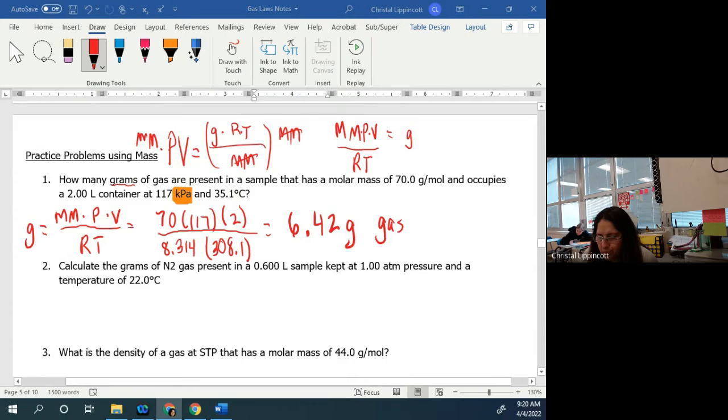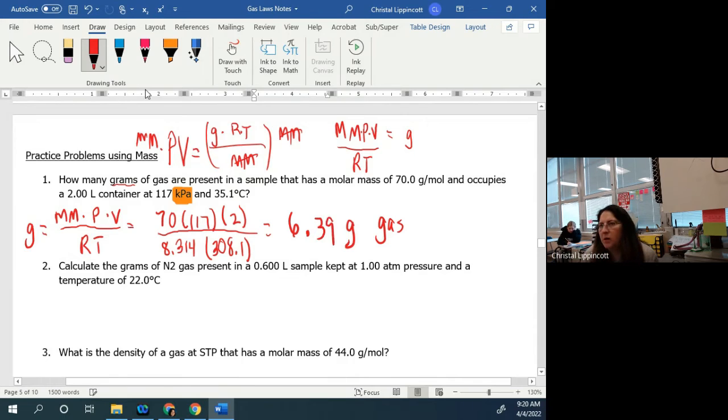Times 2, 0.014. Oh, yep, there's my problem right there. I had pressed a 7 instead of an 8. Okay, I told you I'd been wrong today. And first hour didn't catch that either.